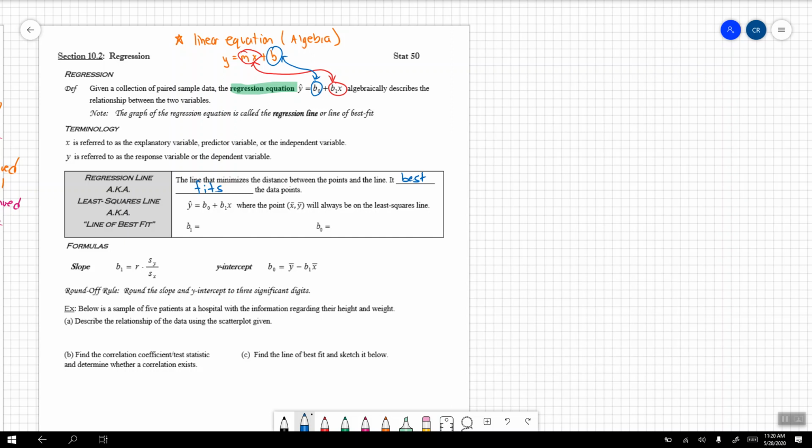Now b sub 1, if you look at this original equation right up here, we said was the same thing as m, where m stands for the slope from our algebra class. So guess what b sub 1 is? You guessed it, this is your slope. In other words, this is your average rate of change.